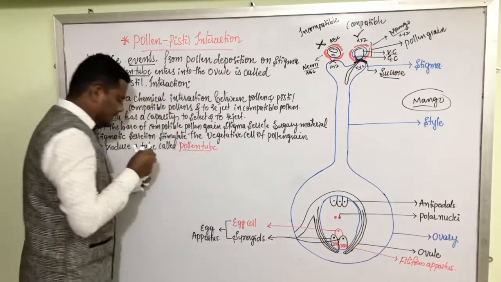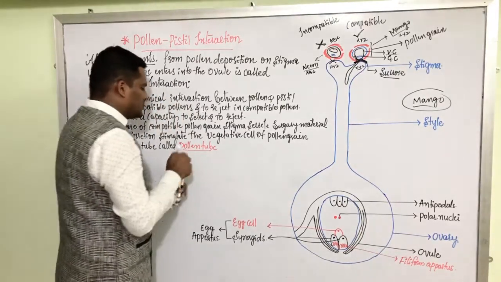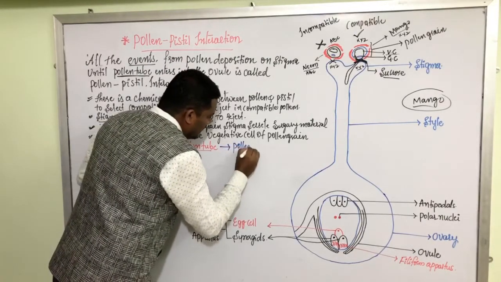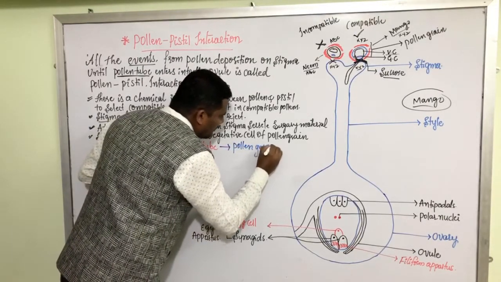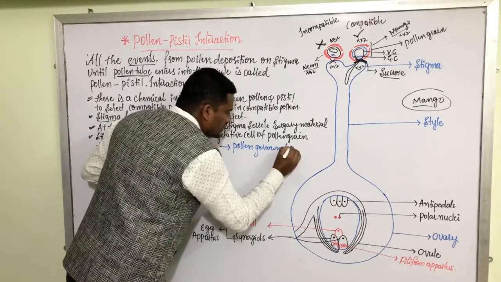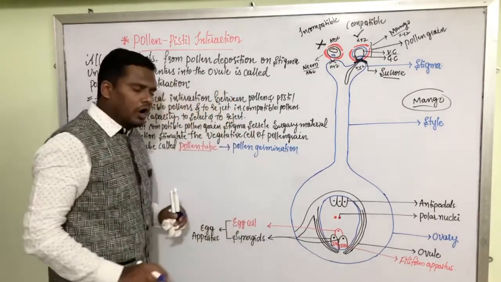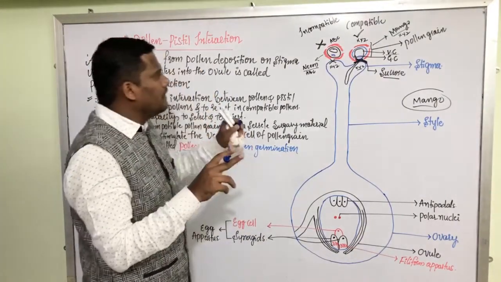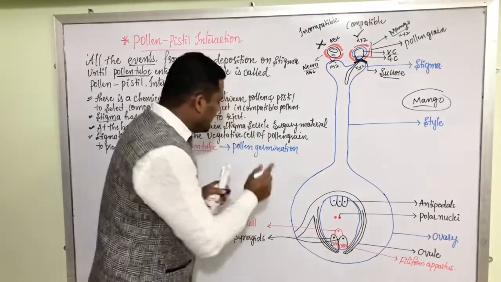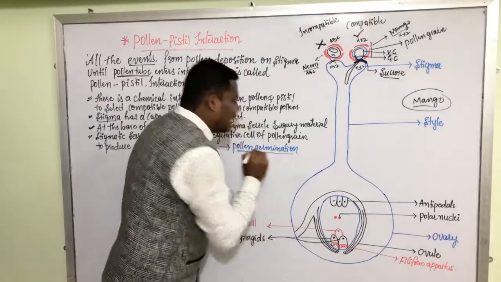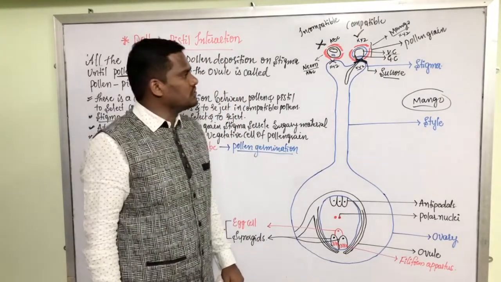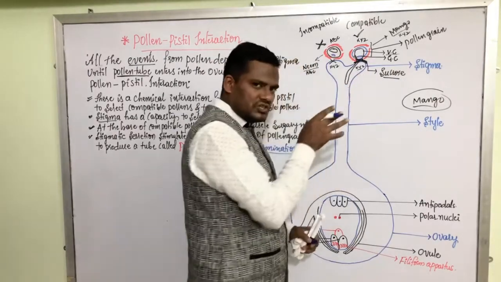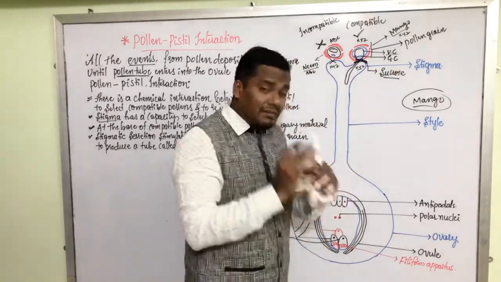Pollen tube. This event is called pollen germination. This event of forming a pollen tube on the stigmatic surface is called the pollen germination process.